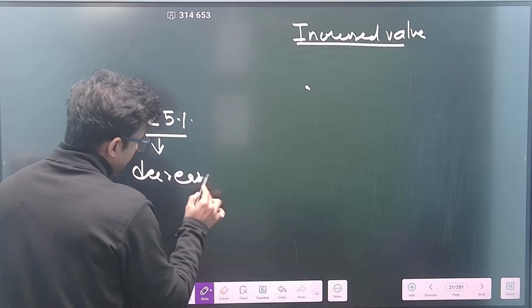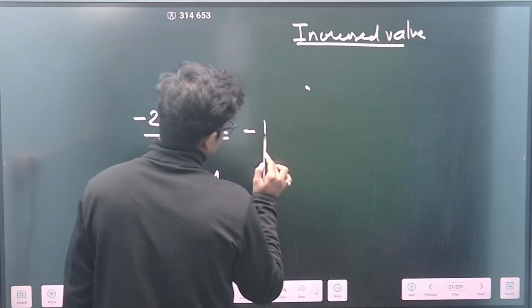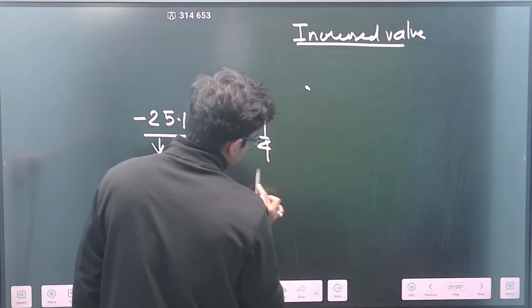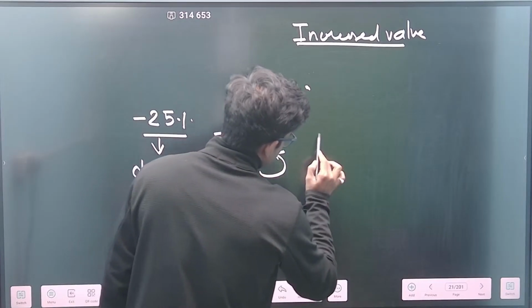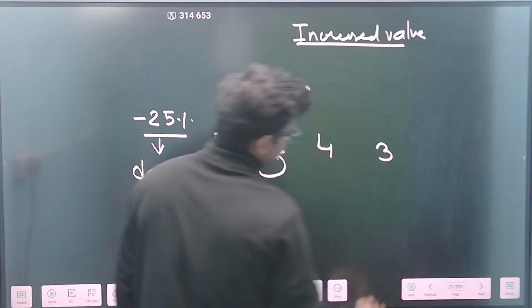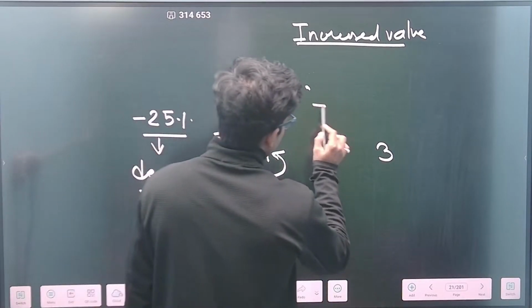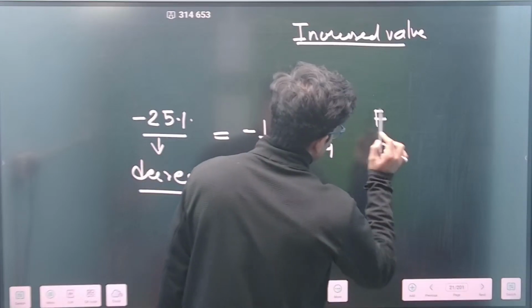Now see, this would be minus 1 by 4. Again, this is my base, so my base would be 4 only. Now 4 minus 1 becomes 3. So this would be my initial value and this would be my final value.